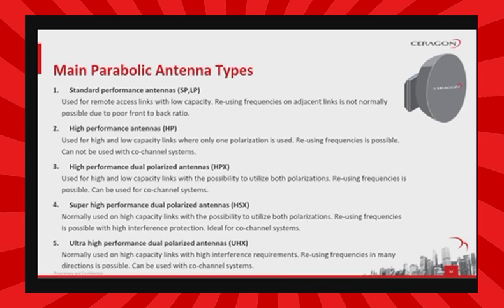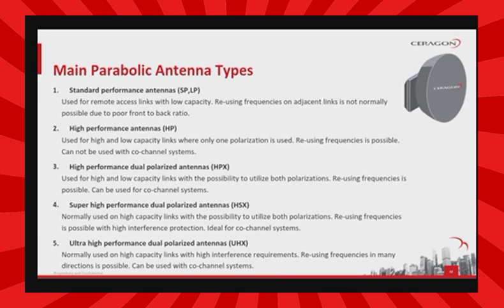High-performance dual-polarized antennas, HPX, are used for high and low-capacity links with the possibility to utilize both polarizations. Reusing frequencies is possible. Can be used for co-channel systems. Super high-performance dual-polarized antennas, HSX, are normally used on high-capacity links with the possibility to utilize both polarizations.